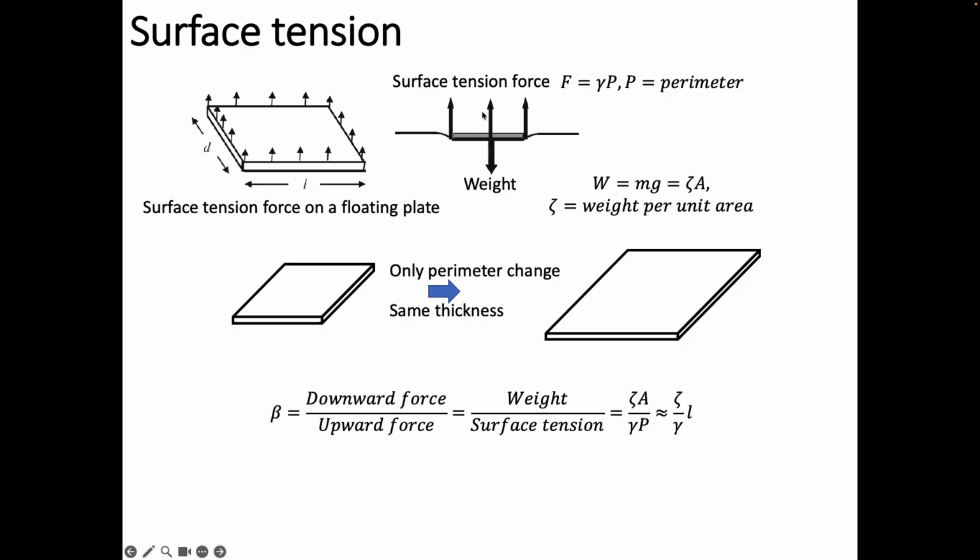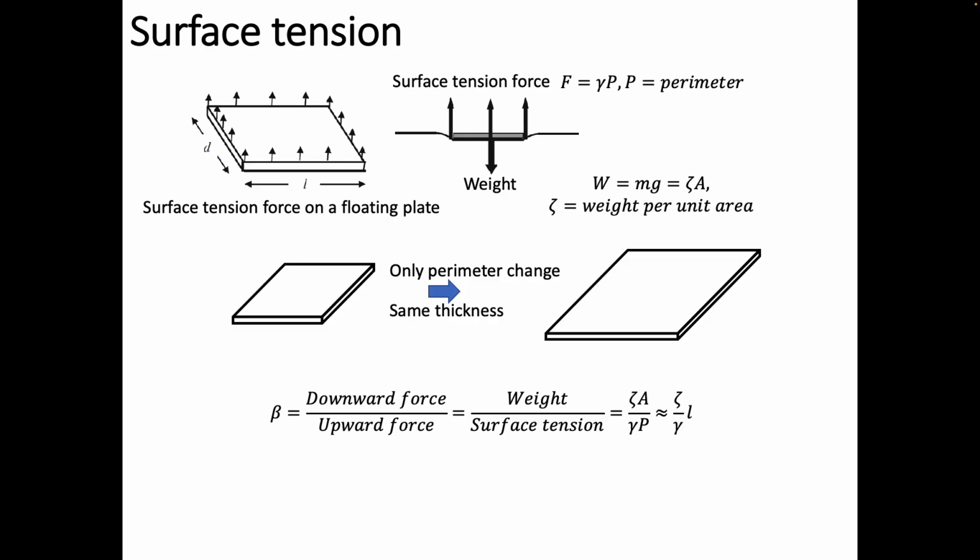So what we are going to do here is scale up and down with just perimeter change, okay? So basically here, we are going to maintain the thickness. We are going to fix the thickness, but scale up and down the perimeter, okay? If we do that, we are going to define this beta, that is essentially the ratio of downward force to upward force, okay?